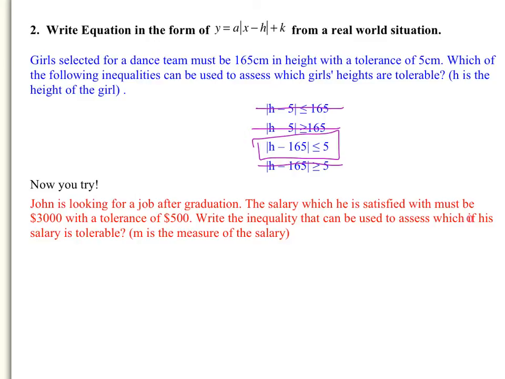First, I will read the word problem. John is looking for a job after graduation. The salary which he is satisfied with must be $3,000 with a tolerance of $500. Write the inequality that can be used to assess which of his salaries is tolerable. M is the measure of the salary.